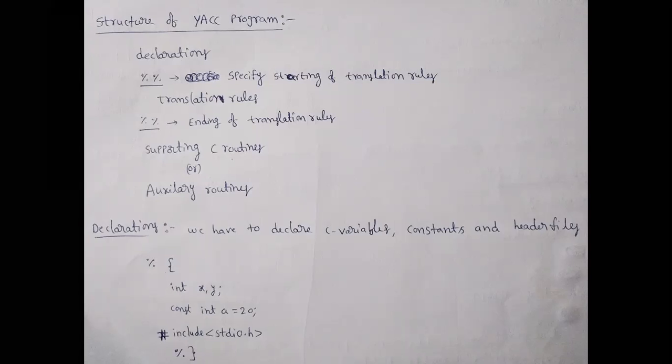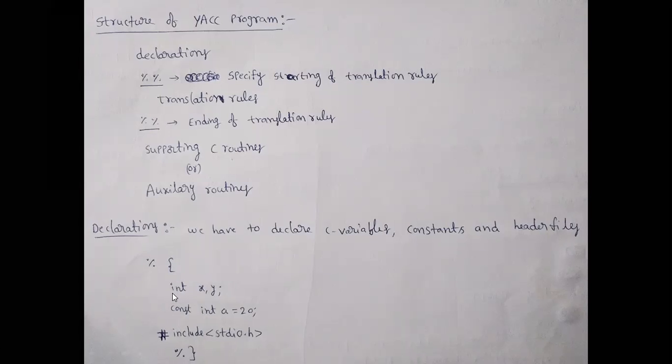It starts with percentage open curly brace and ends with percentage closed curly brace. In between these two, we can write the declaration section, where we declare C variables, constants, and header files.